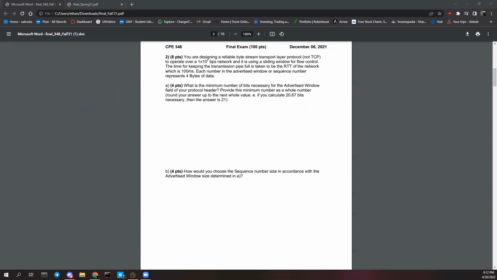How would you choose the sequence number size in accordance with the advertised window size determined in A? Well, as we said, AW is equal to 15 bits. If that's the case, then the sequence number must be greater than 2 AW. So basically, this isn't 2 times the amount of bits.